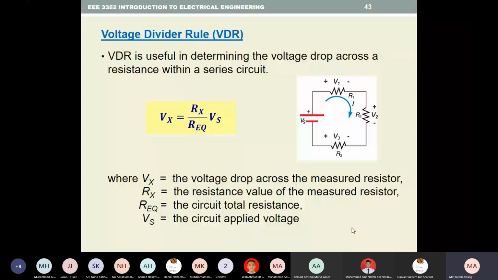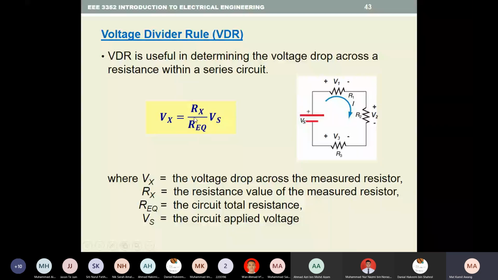In general, Vx is equal to Rx over R equivalent times Vs. The R equivalent for this series network is basically R1 plus R2 plus R3. So Vx for this particular example is equal to Rx over R1 plus R2 plus R3 times Vs.